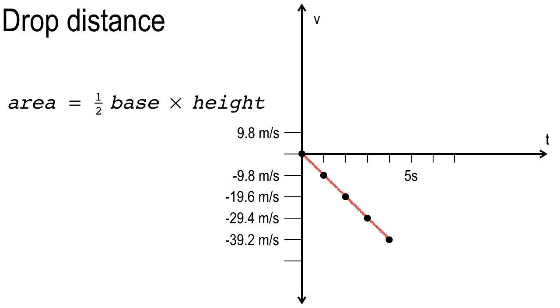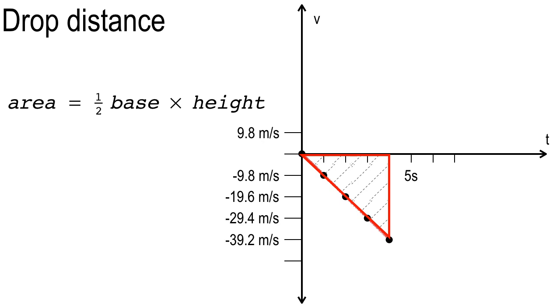All right, and here's the distance. Go ahead and construct your distance rectangle. This one's below the x-axis, so it's actually a drop. And so you would compute this as a negative. Actually, let's figure that out. 1/2 base times height. The height is negative 39.2. And the base is 4 seconds.